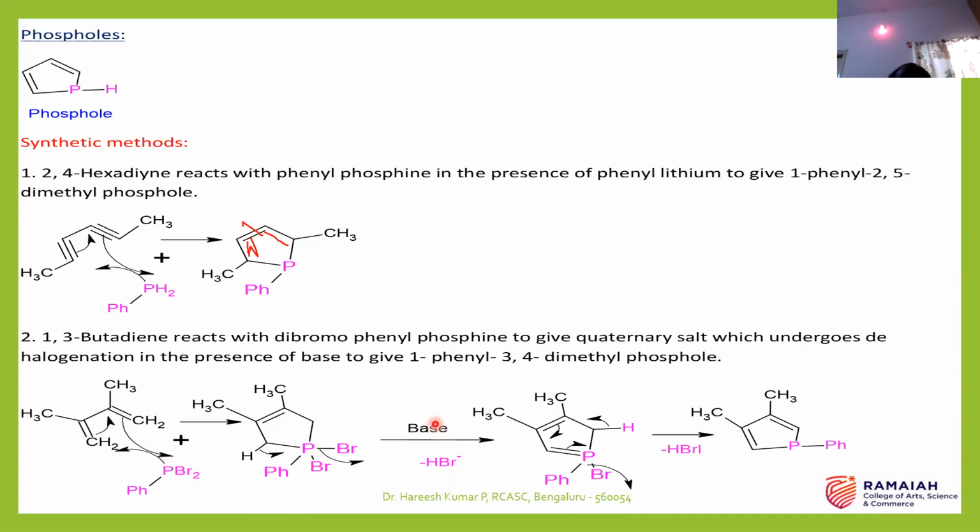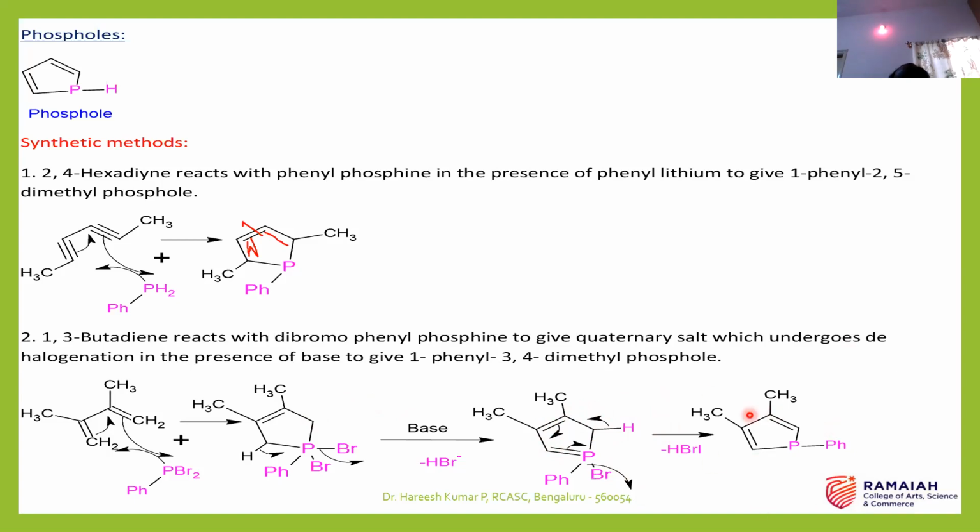And you know that there is a double bond here, and there is a double bond here, but there is a partially saturated 1H proton. So again, in the presence of a base, the base can abstract this proton, and this bond pair can come over here, this bond pair can come over here, and this bond pair will sit on the phosphorus, and Br will go out.